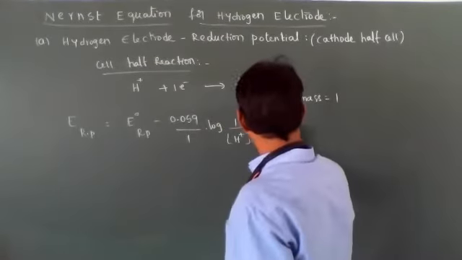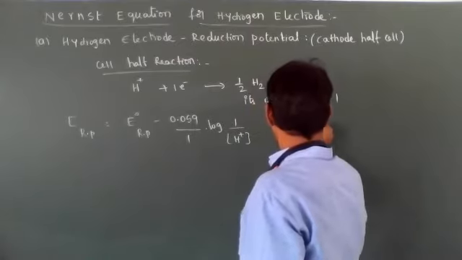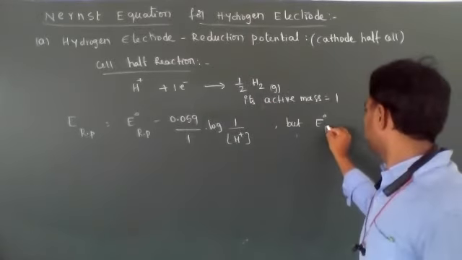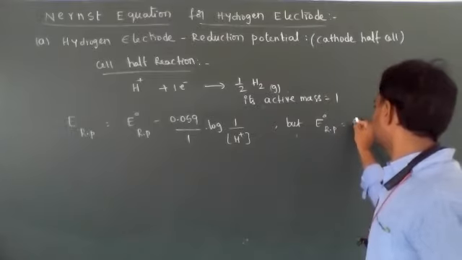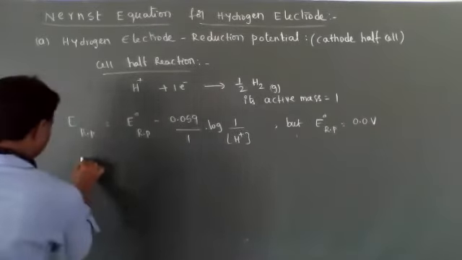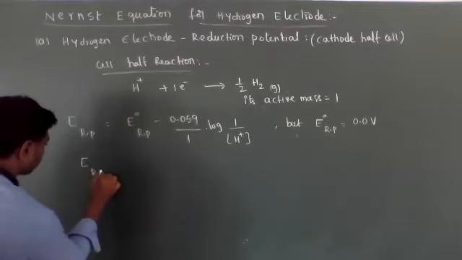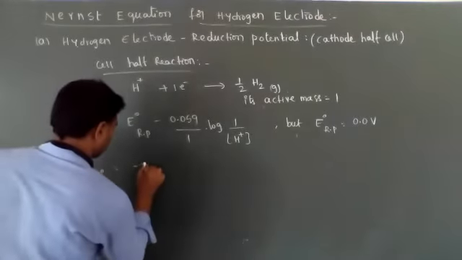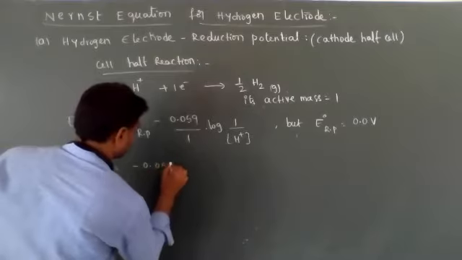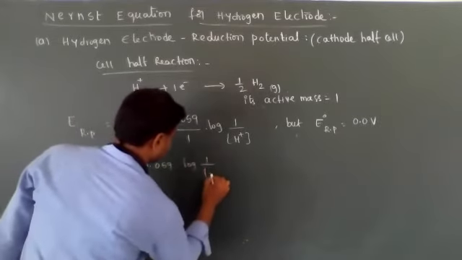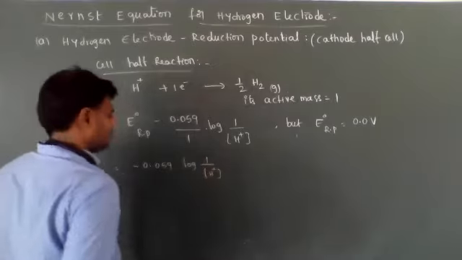Now we know that E0 of reduction potential or oxidation potential is equal to 0.0 volts. Now the electromotive force of reduction potential of hydrogen electrode is equal to minus 0.059 into log 1 by H plus ions concentration.